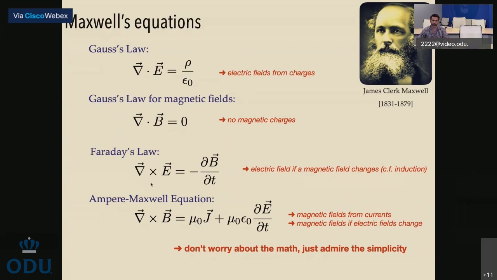And this was the reason why this is so significant, is because you had these different phenomena, electrical phenomena, magnetic phenomena, that seemed to be unrelated, but really were unified into one underlying force, which is the electromagnetic force. They're tied together. And so this was the great insight of Maxwell.